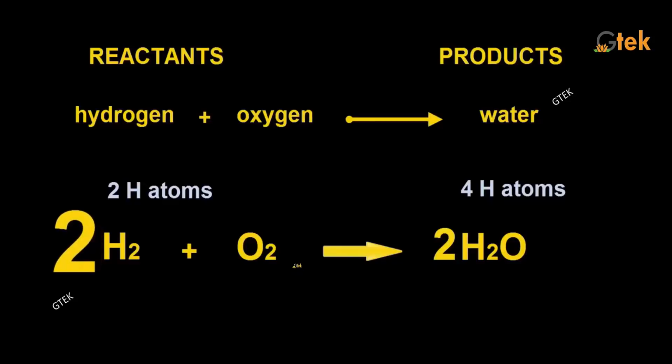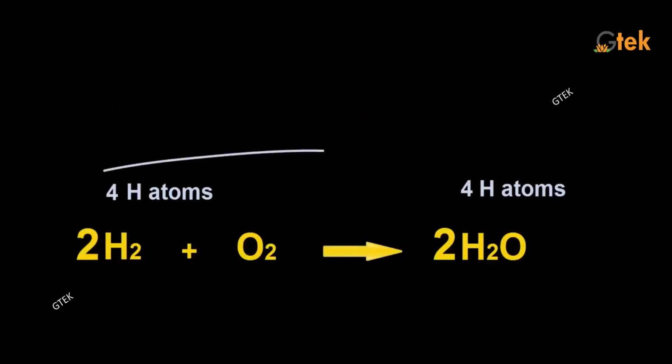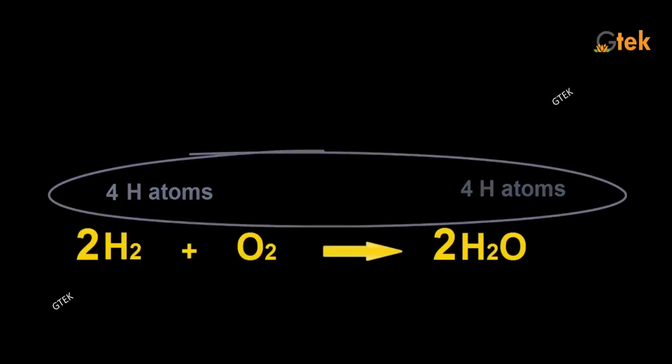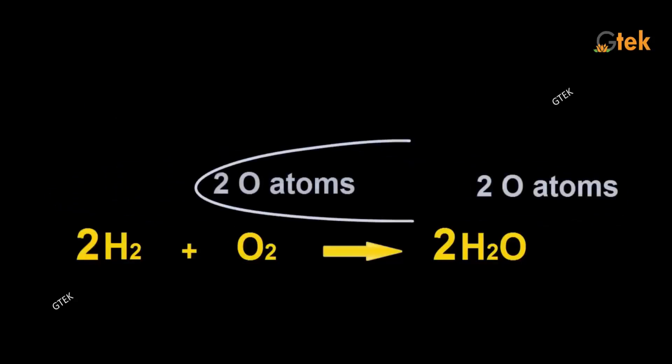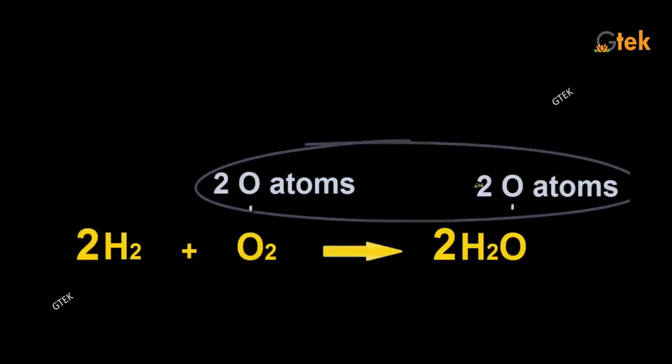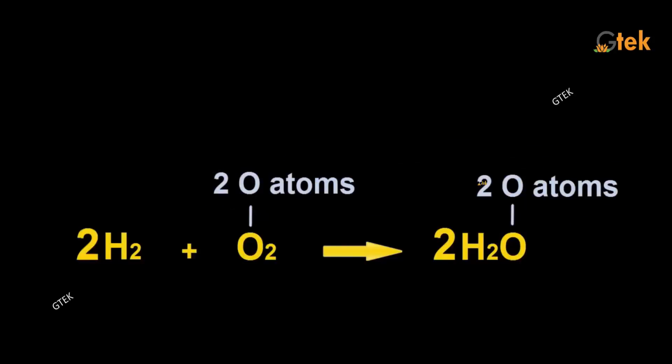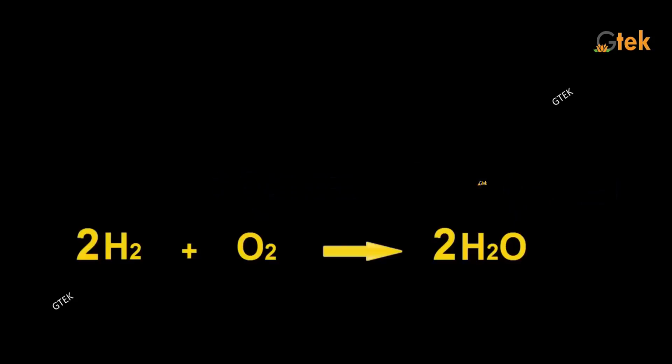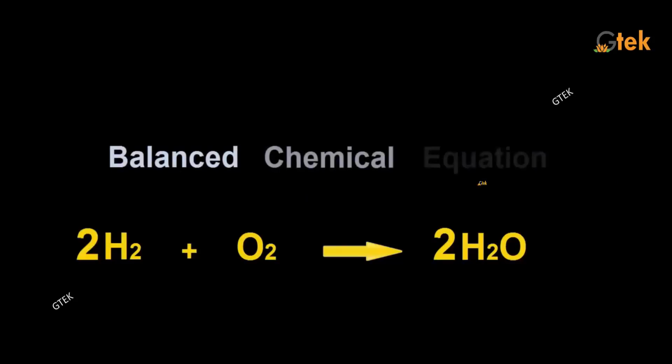Now we got 4 hydrogen atoms. So both are balanced. We got 2 oxygen atoms, both are balanced. This is referred to as a balanced chemical equation.